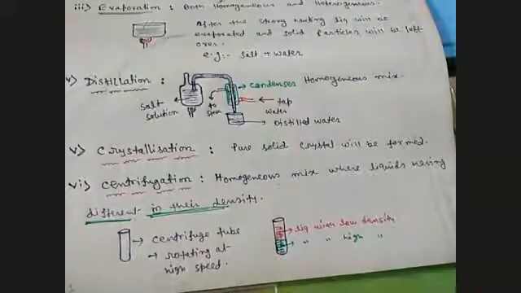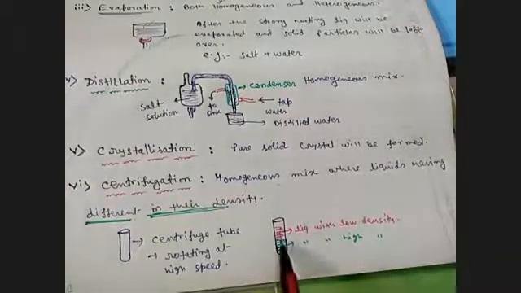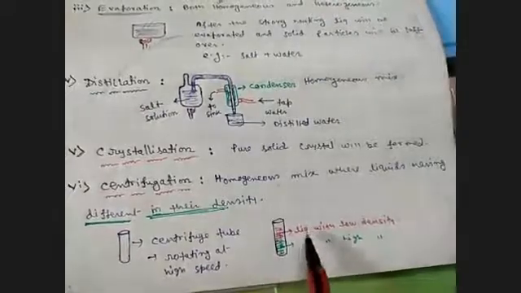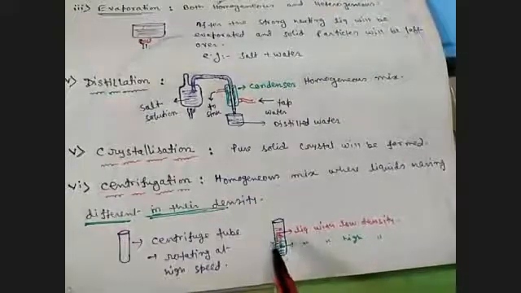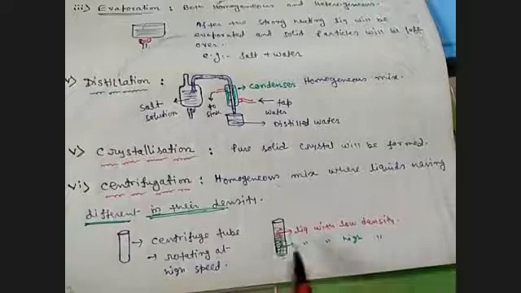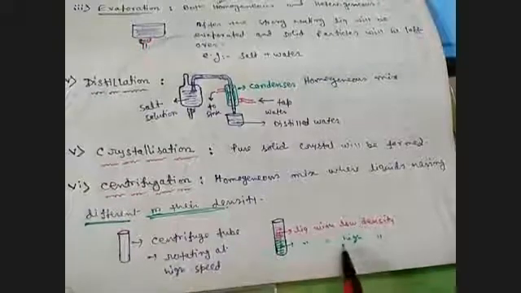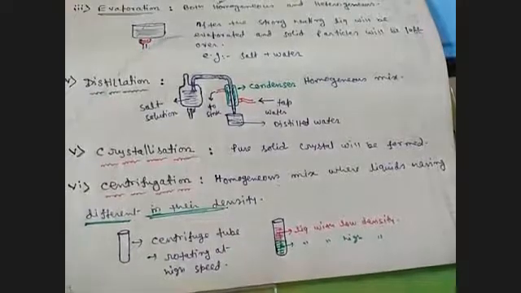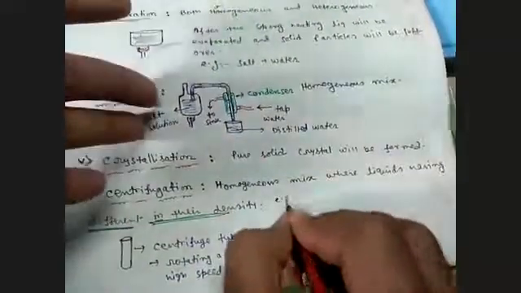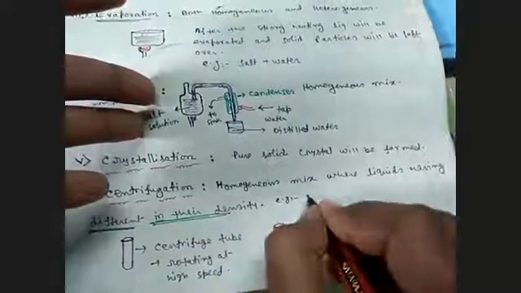After the rotation, the heavier density particles go to the bottom of the tube, and lighter density particles go to the upper part of the tube. Okay, this is low density, this is high density, and by this process we can separate them. For example, by this process, cream is separated from milk.